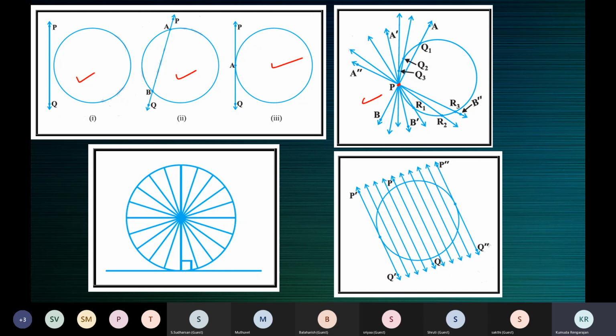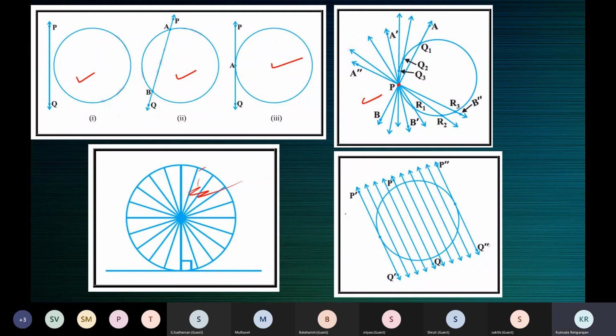So A dash B dash is the tangent to the circle at P. We'll talk about this figure a little later.